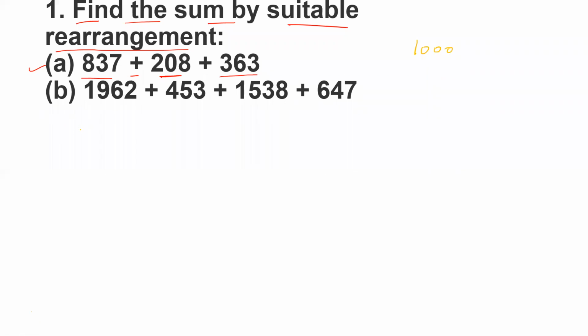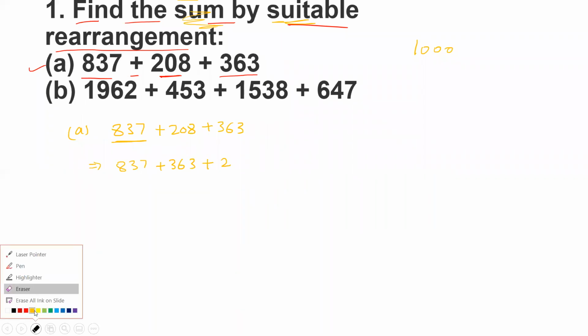Okay, so for example, part A, 837 plus 208 plus 363. When the question says find the sum by suitable rearrangement, that means we have to arrange these numbers. So I'm arranging 837 with 363 first, then I will add 208.